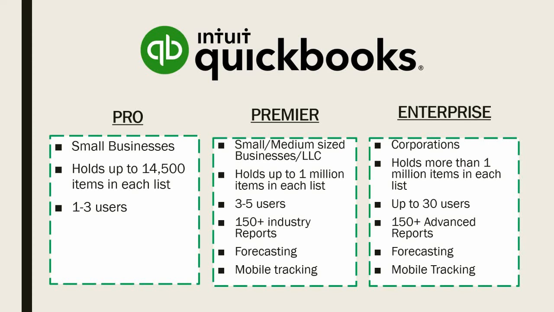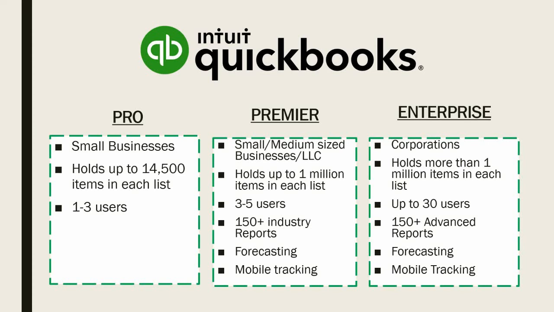This also has forecasting features. So if you're doing projections or predictions for future costs, that's what forecasting allows you to do. And this also gives you the capability to do mobile tracking, where you can take pictures with your phone and upload the transactions to your QuickBooks fairly easily.